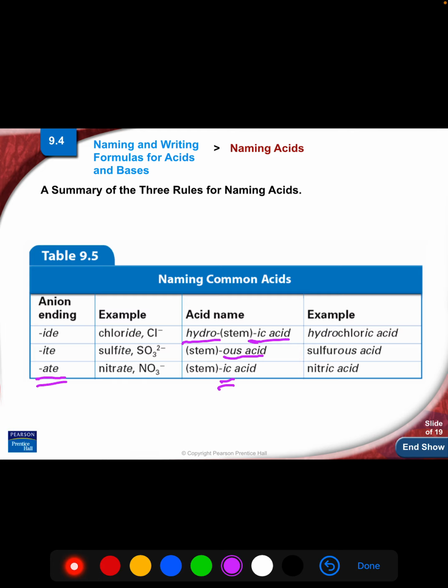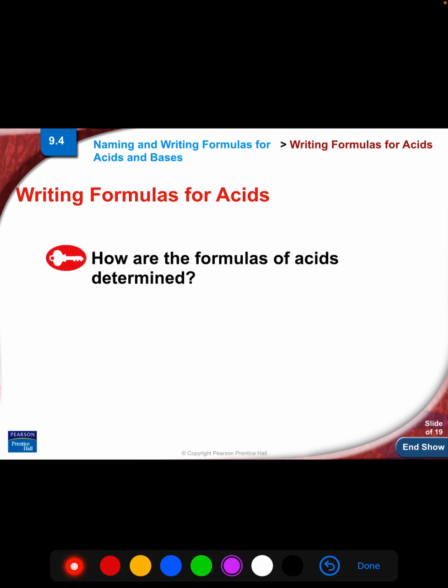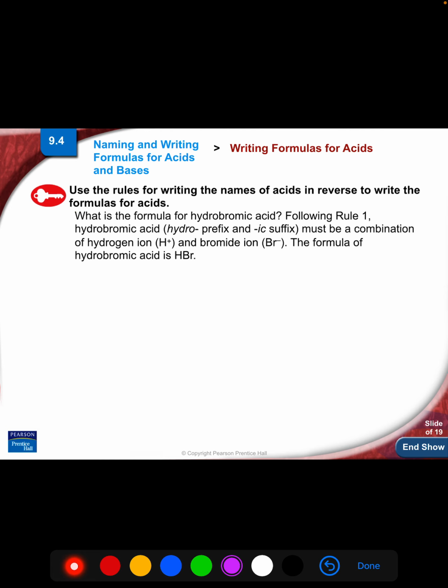3 quick rules, and we're done. So, if you know the formula, you now have rules for writing the acid. What happens if you're given the name and you want to determine the formula? Well, you just kind of do the reverse.